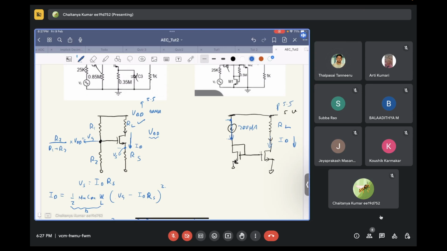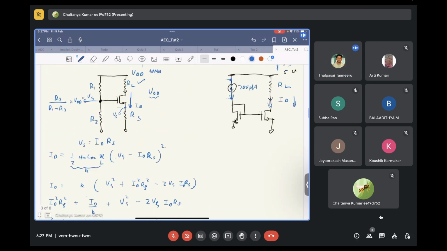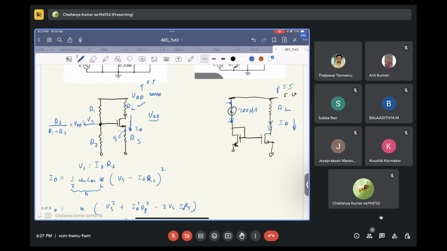Even though your supply can change due to external conditions, your current won't change. And if your current doesn't change, your gain won't change. Your value of GM won't change. One more thing this particular circuit is immune to is threshold voltage variation.